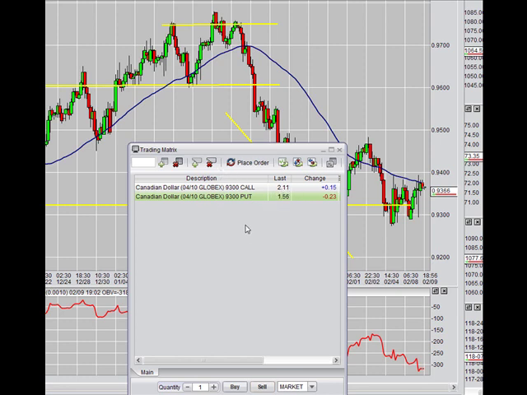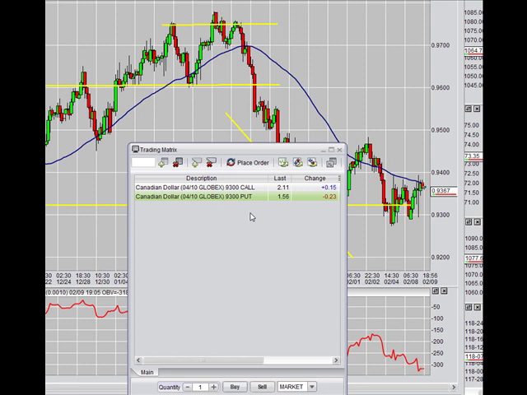How are they different, you might ask? Well, if I go long the call, I can only lose 211. That's my max risk, and my upside is unlimited theoretically, right? It can go up forever. It's not likely that it'll go up forever, but it can, theoretically. Here's the 93 put.